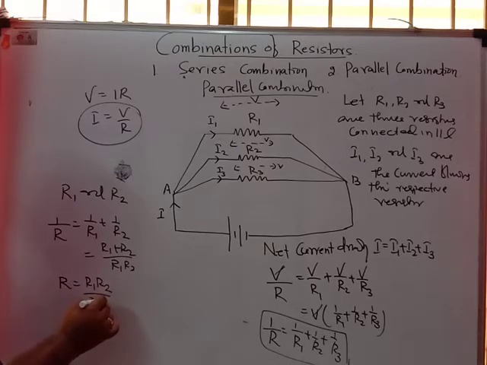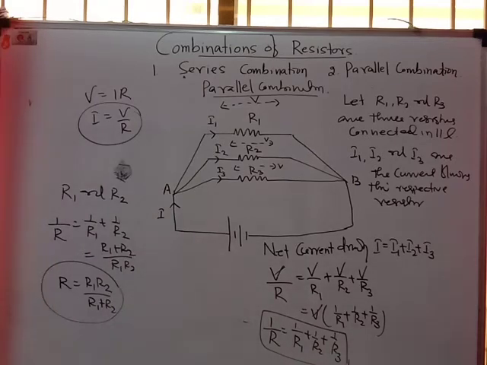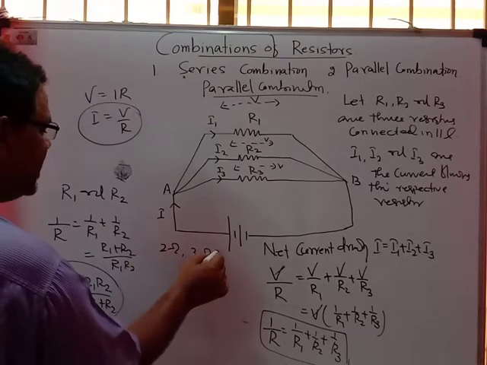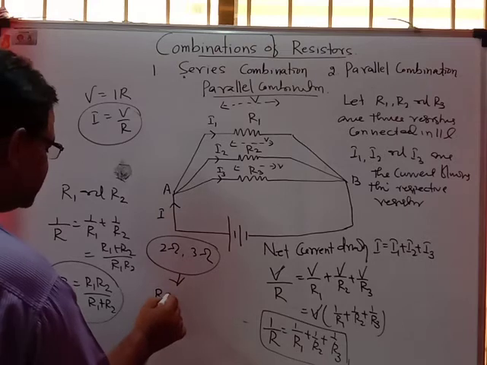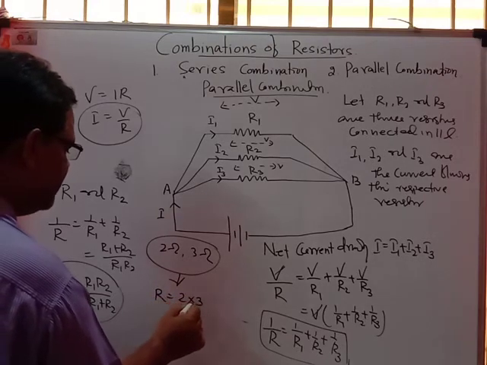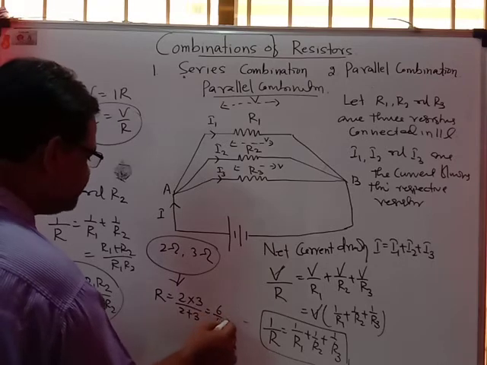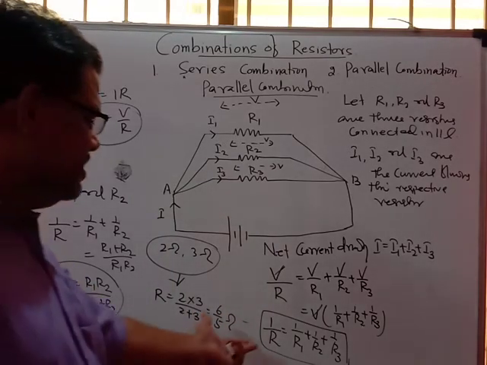Whenever two resistors are grouped in parallel, you can use this formula directly. Suppose 2 ohm and 3 ohm are connected in parallel. The equivalent resistance is 2 into 3 upon 2 plus 3, which is 6 by 5 ohm. So you can calculate directly in this manner, or use the general formula.